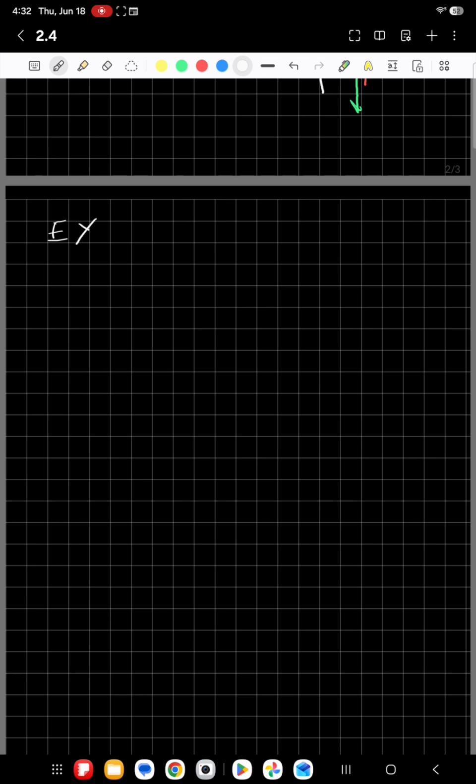So example 2, and the function looks like this: 1 divided by x minus 1 squared, where x approaches 1.